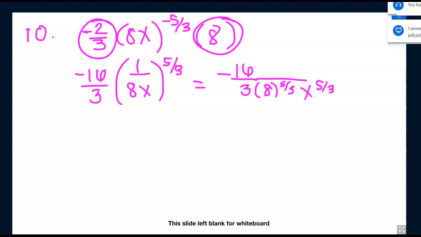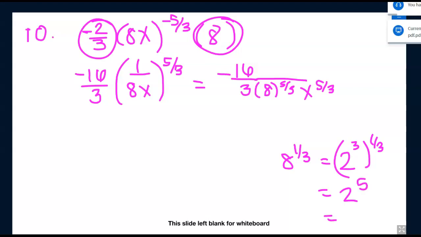So we know that 8 to the 1/3 is the same as 2 cubed to the 1/3. So 8 to the 1/3 is 2. And then you have to take 2 to the 5th. So 2 to the 5th is 32.